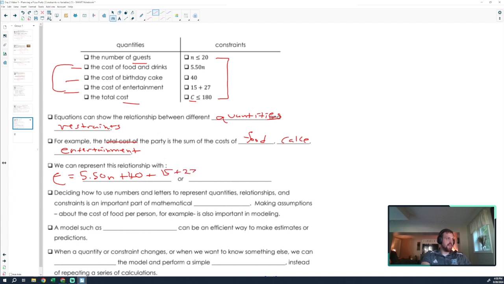And if you were to simplify that by combining like terms, that's just 5.50N plus, and if you add those three numbers together, it's 82.